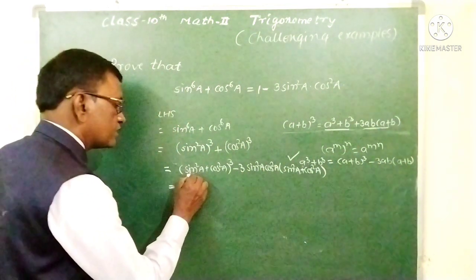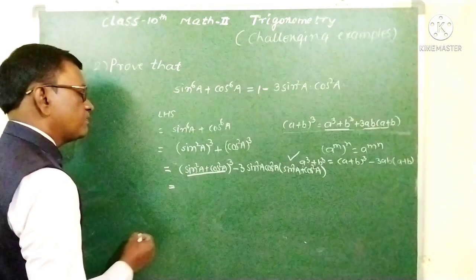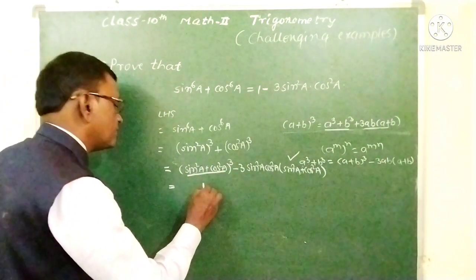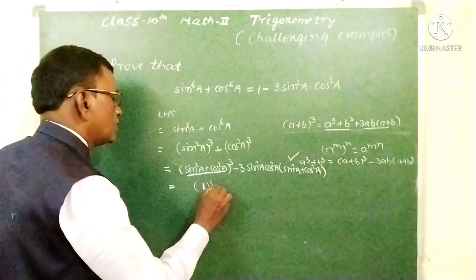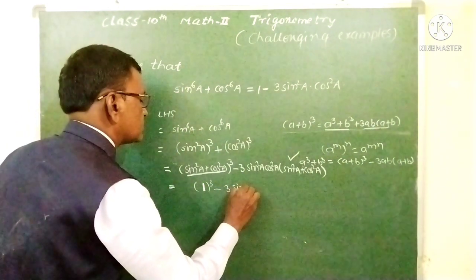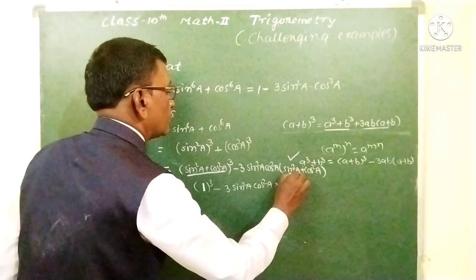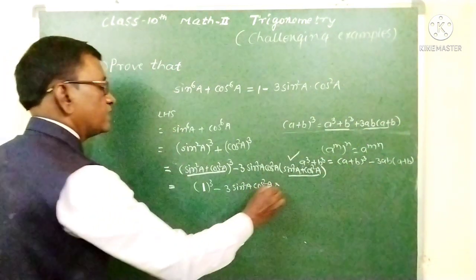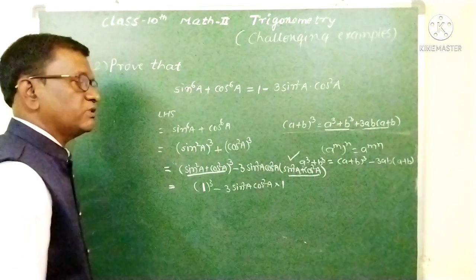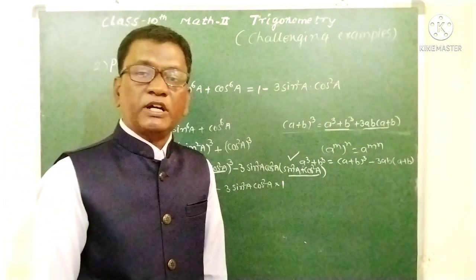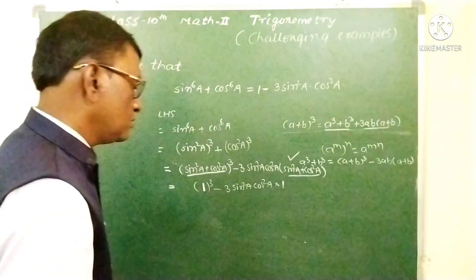So for this sin square a plus cos square a we write 1 cube minus 3 into sin square a cos square a. Again this is equal to 1 because sin square a plus cos square a is equal to 1 by the identity of trigonometric function.